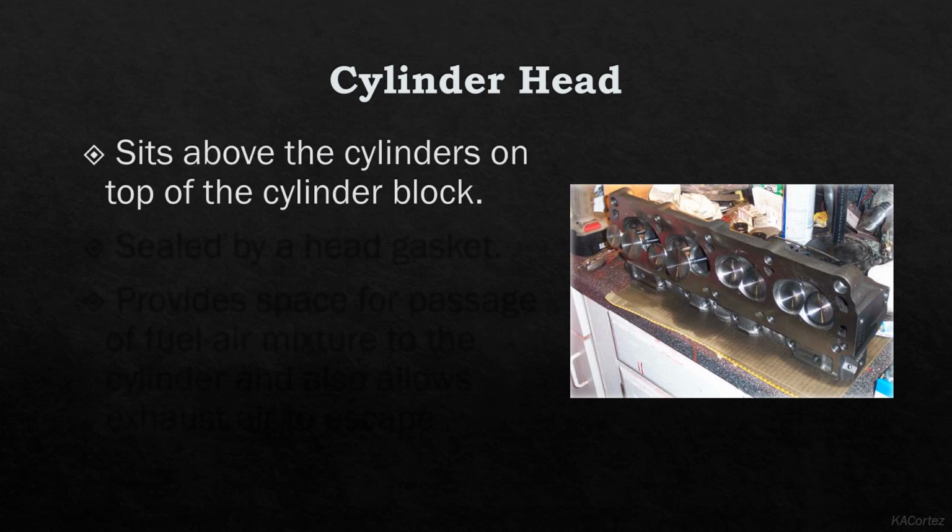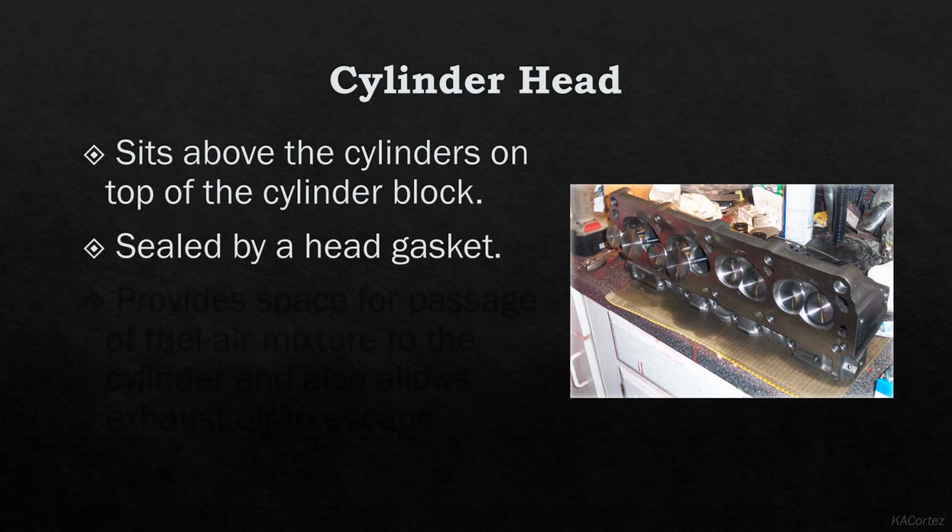The cylinder head sits above the cylinders on the top of the cylinder block. It acts as a lid on the barrel to provide enclosure. It closes on the top of the cylinder, forming the combustion chamber. It is sealed by a head gasket.